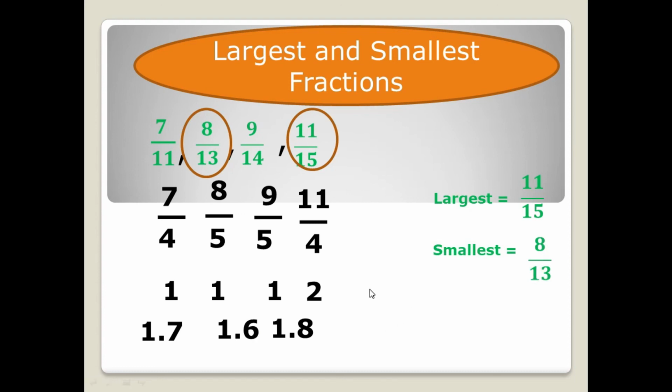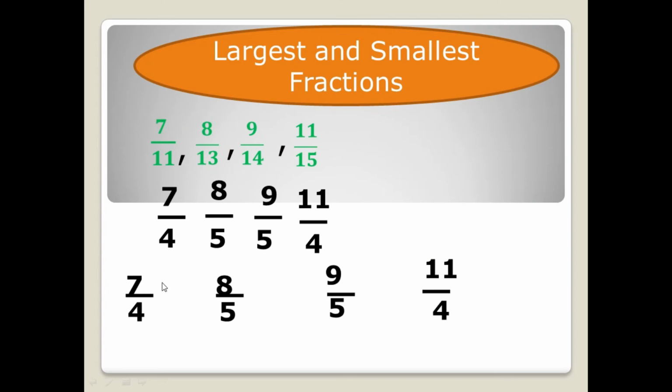The second method is that once you have solved up to this level, finding the difference and putting the numerators of all the fractions above the difference, we can take the common multiple, the LCM, that is 20. We multiply each fraction with 20. Here it is.